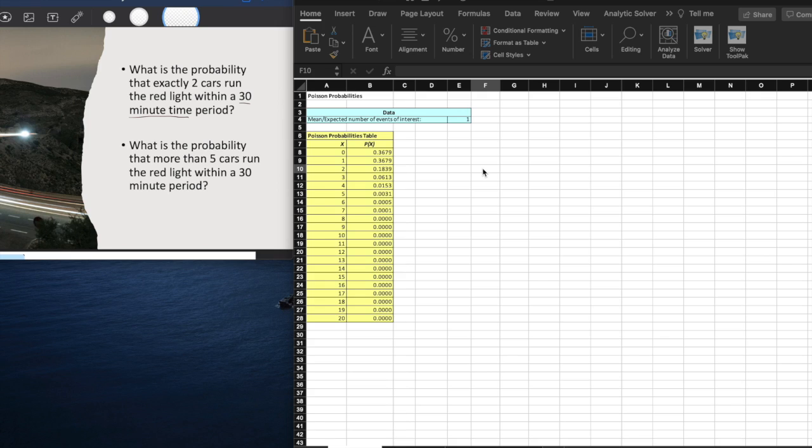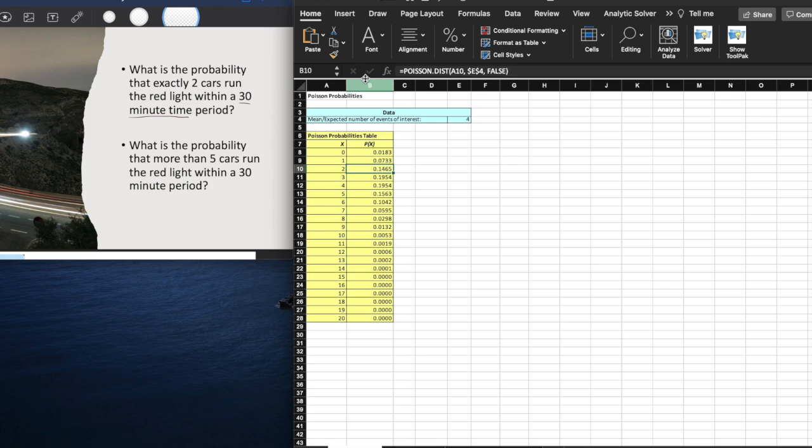So the Excel table for Poisson is almost exactly the same as binomial, except here there is one input, and that's lambda. We're going to say that is 4 because there are 4 cars within the 30-minute time period. And this probability table tells you that if there are 4 cars that we counted in this area of opportunity, then this would be the probability of seeing this x value. So the question is, what is the probability of seeing 2 cars?